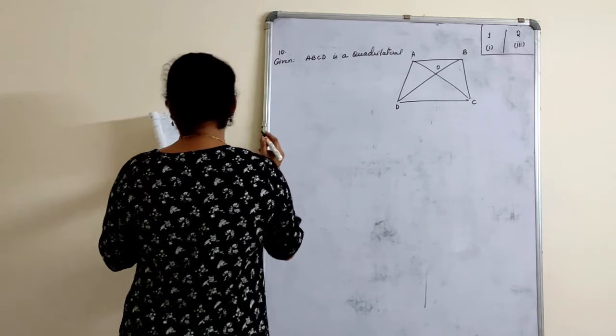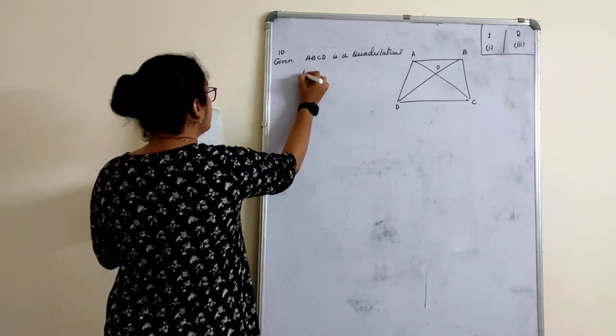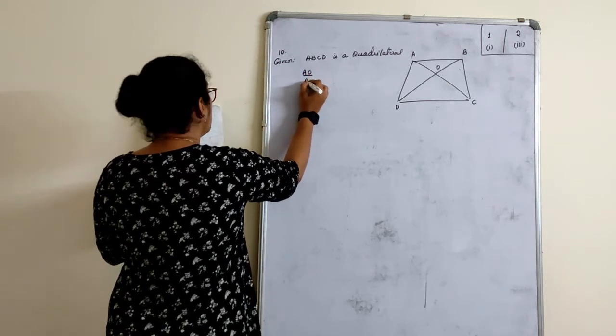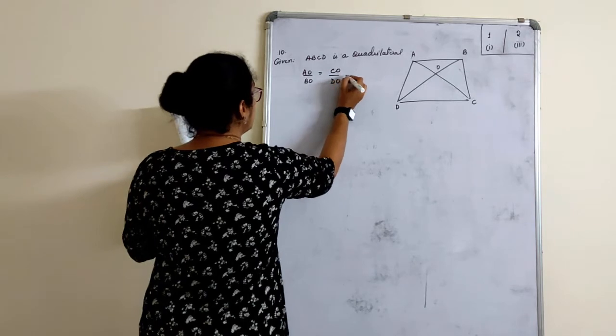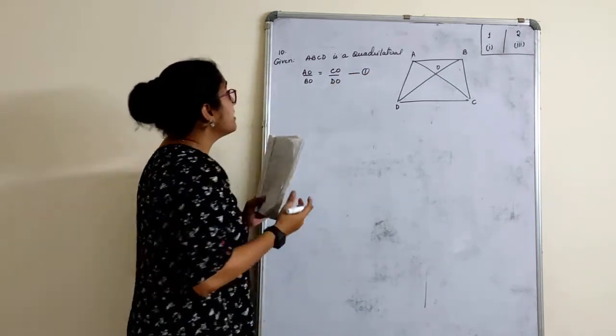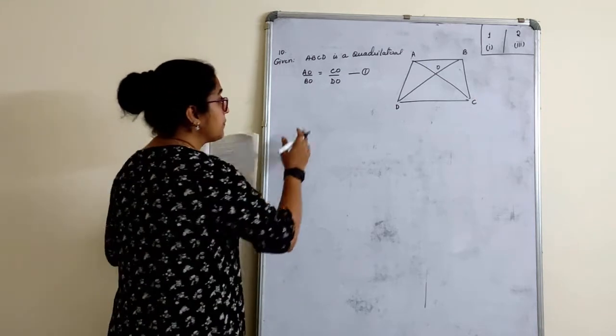They have also given that the diagonals intersect each other at point O such that AO upon BO is equal to CO upon DO. Equation 1. We'll be very careful in choosing the sides AO, BO in the sum especially.